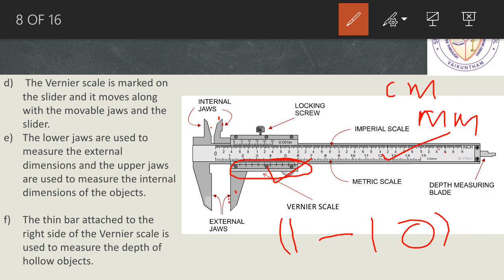The lower jaws are used to measure the external dimensions of the object.